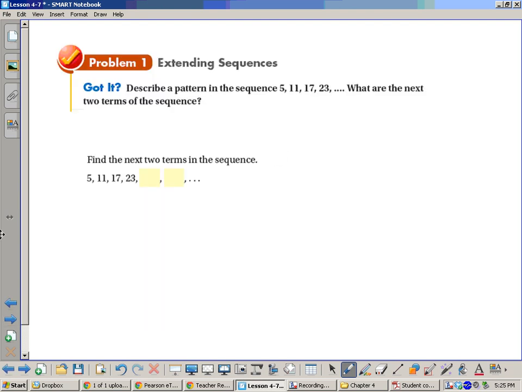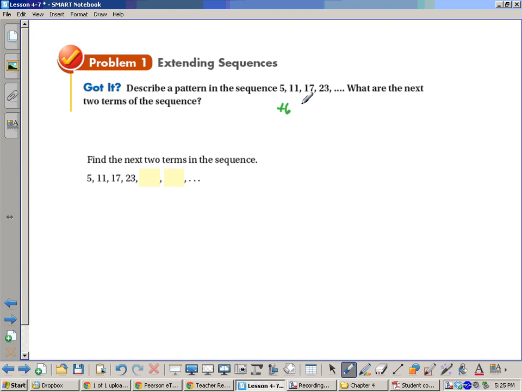So here's an example of a pattern or a sequence: 5, 11, 17, and 23. We want to determine what the next two terms of the sequence are. So we should first figure out if there's a pattern here. We can see that we're taking 5 and adding 6 to get 11.